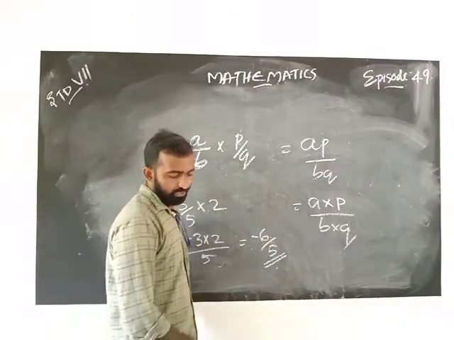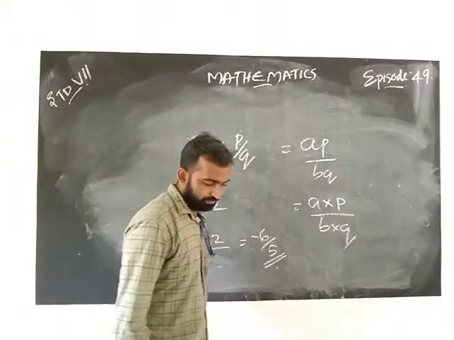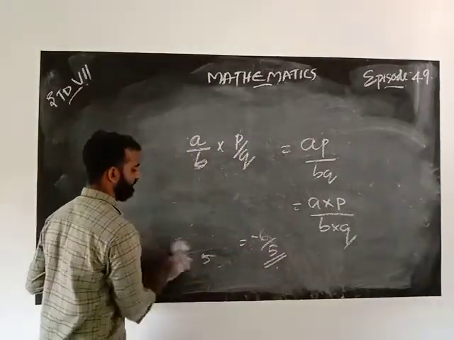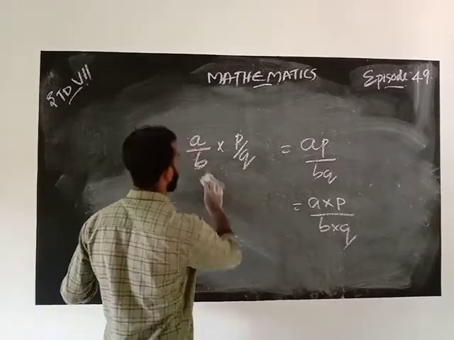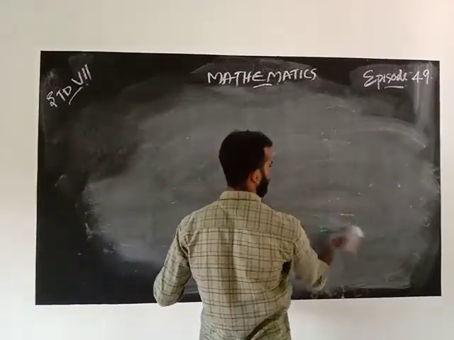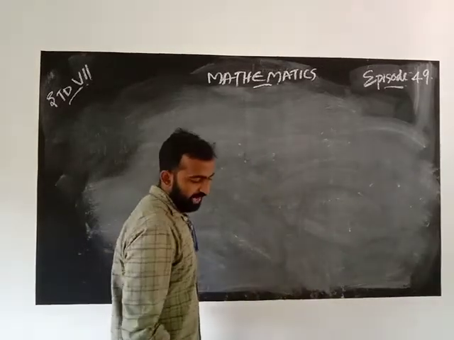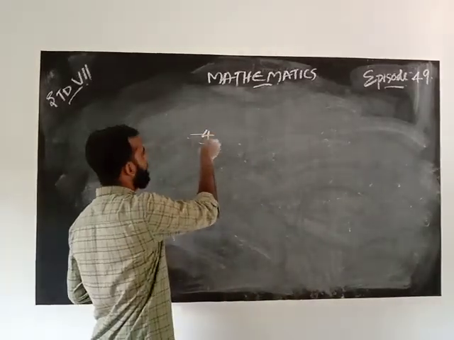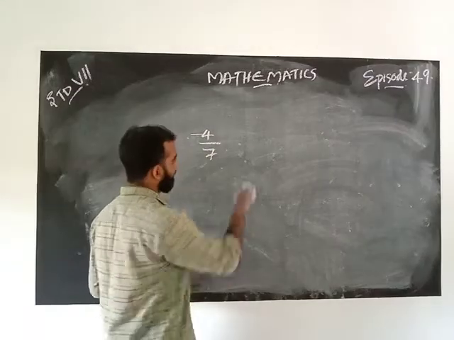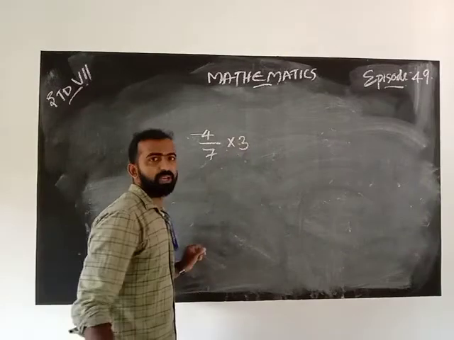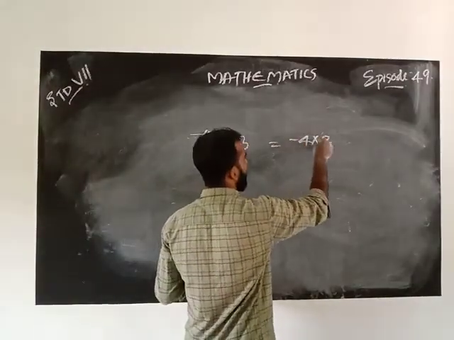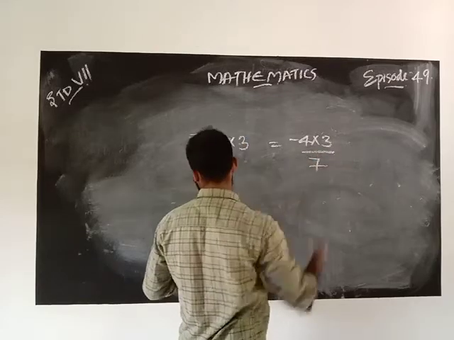And next one is find negative 4 by 7 into 3. What is the answer? Negative 4 into 3 divided by 7.